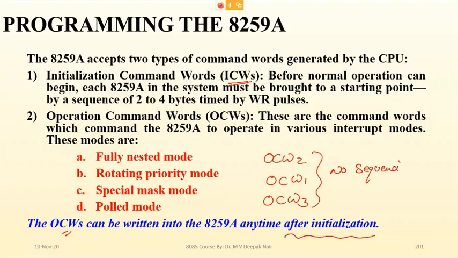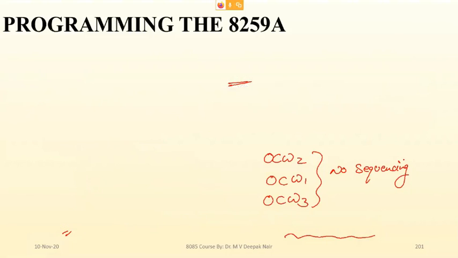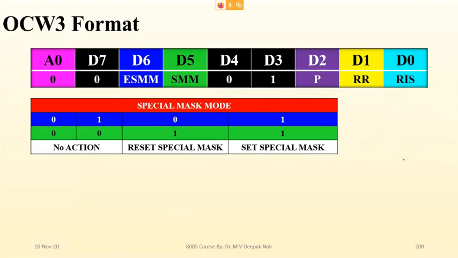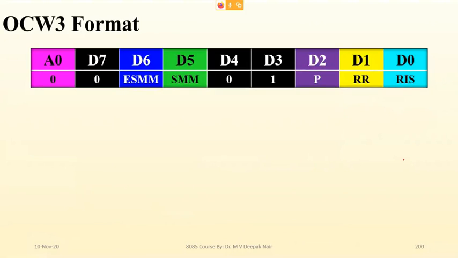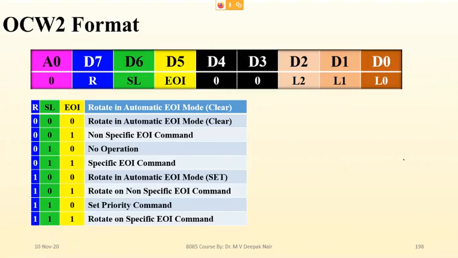And how does the IC understand whether OCW1, 2 or 3 is coming? Some of the bits are always either 0 or 1 in the OCWs. For example, in OCW3, D7, D4, D3 will always be 0, 0, 1. In case of OCW2, D4, D3 will be 0, 0.